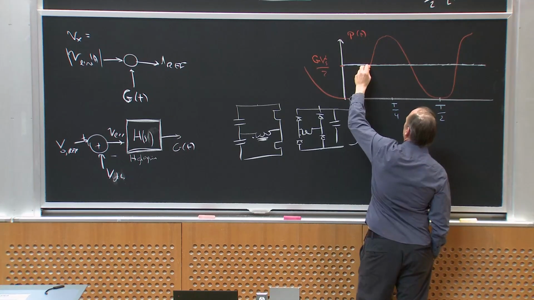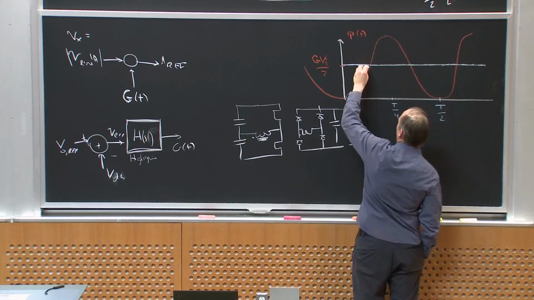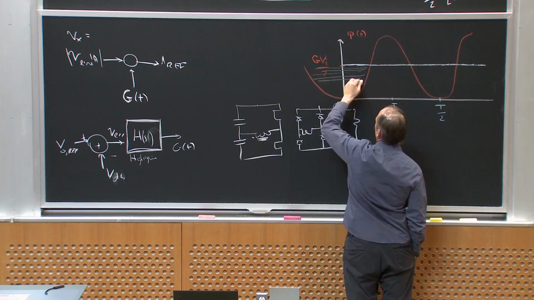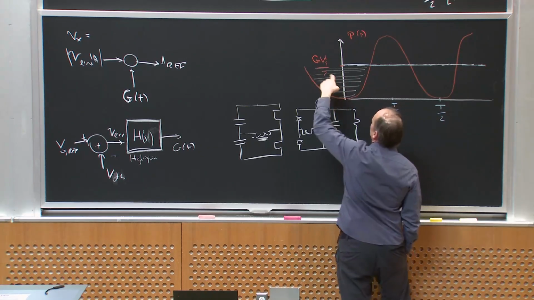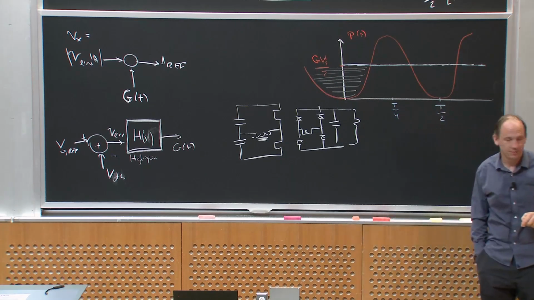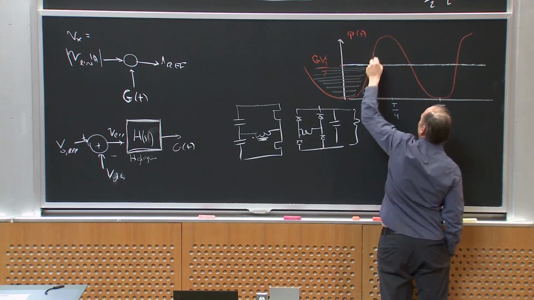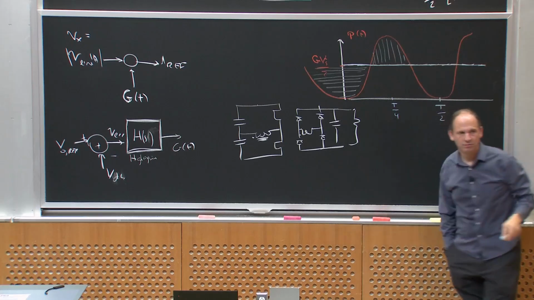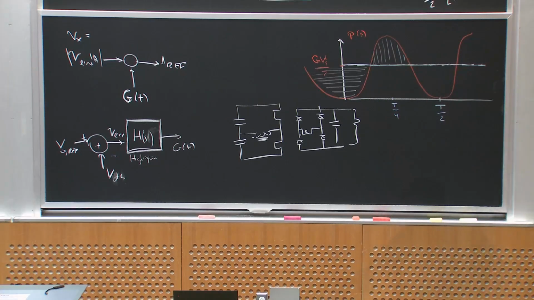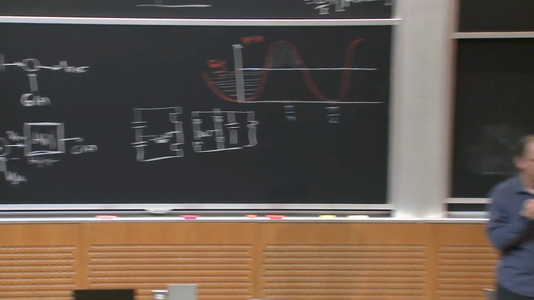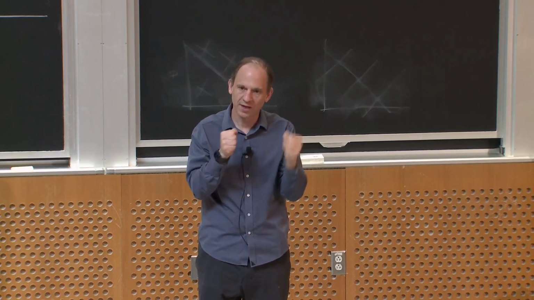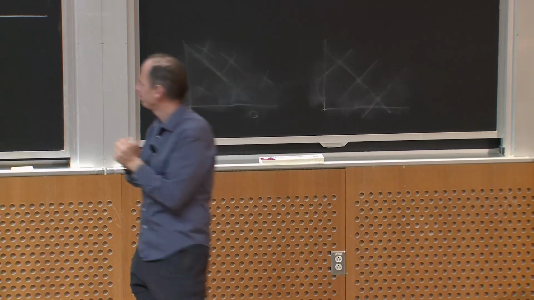In this time period, basically, the line isn't sourcing enough energy. It's sourcing less than the average. So during this time period, energy is coming out of the capacitor. And then in this time period, I'm drawing more energy out of the line than my load's using, and I'm recharging the capacitor, right? So at twice the line frequency, I'm charging and discharging that capacitor. So that capacitor has to be physically big enough, or energy-storage-wise big enough, to store that much energy, okay? And that sets a bound on the energy storage requirement.